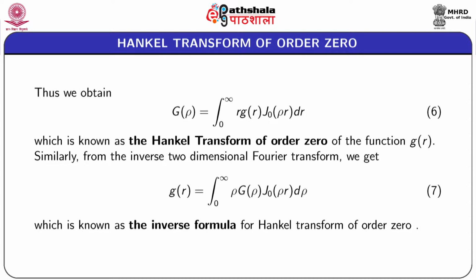If we observe equation 6 and 7, we can say that capital G rho is the HANKEL transform of order 0 of function small g r, or we can say from 7 small g r is the HANKEL transform of capital G rho. Here the transform and its inverse transform formula, they are the similar type.